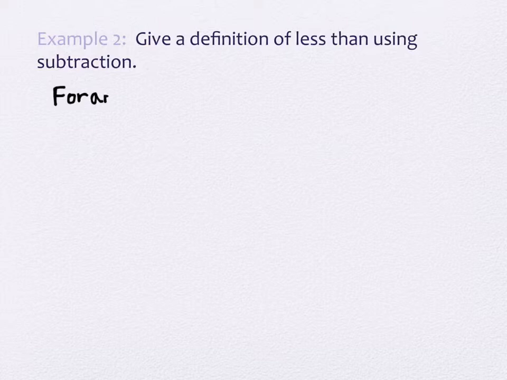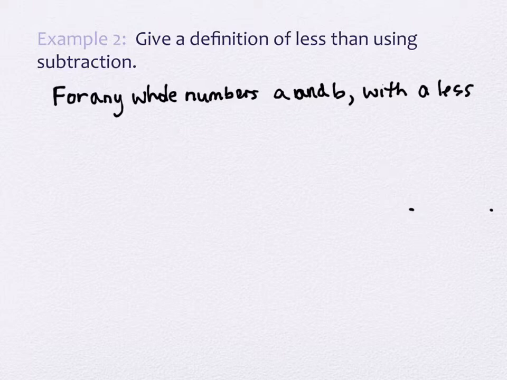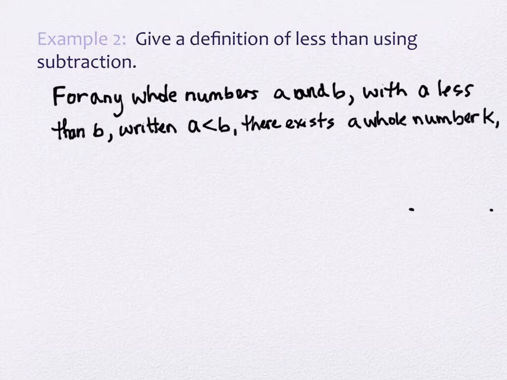We can say for any whole numbers A and B, with A less than B, written A less than B, just like that, there exists a whole number K such that what?